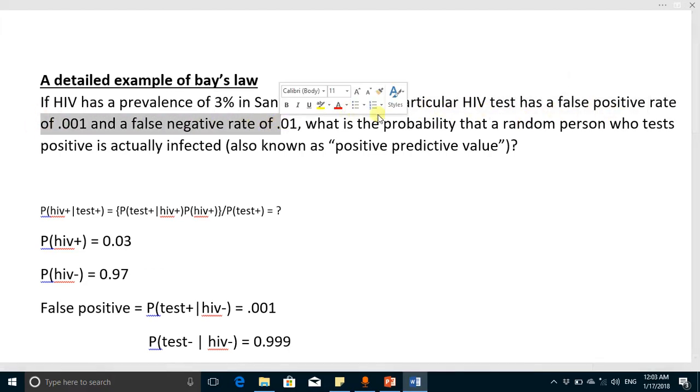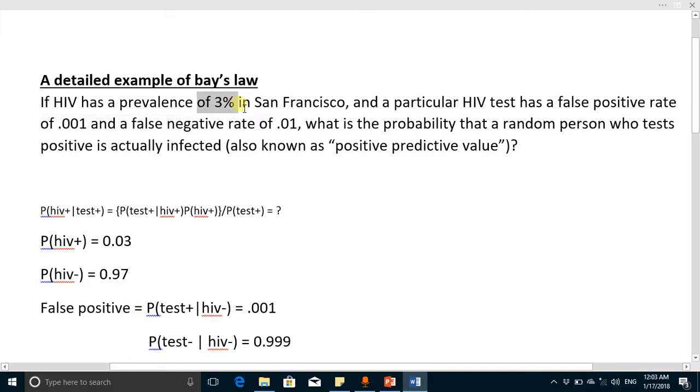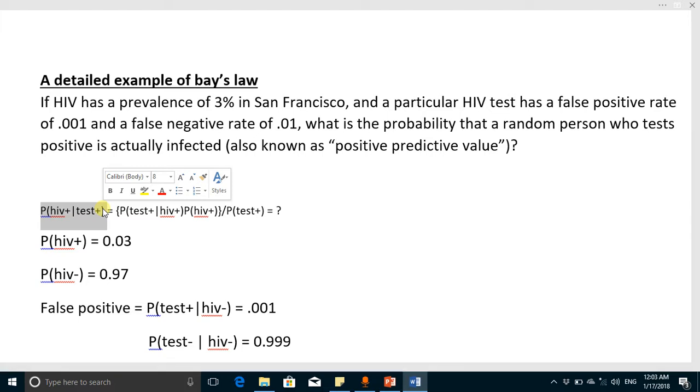From this historical data and this information, we have to compute the probability of infection given the test is positive. So we have to compute this value given the report of a person is positive. What is the probability that he actually has HIV infection?